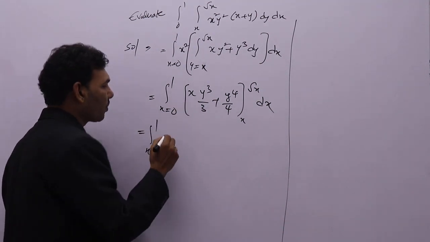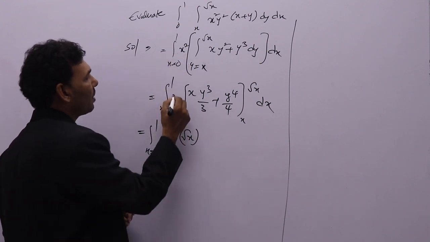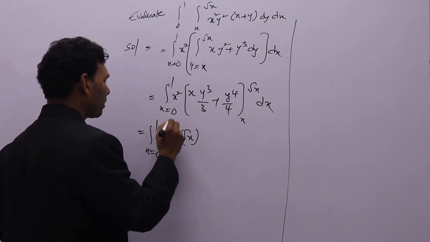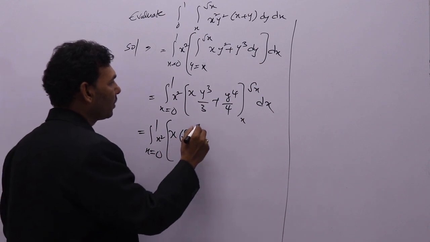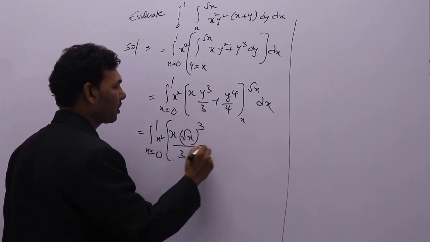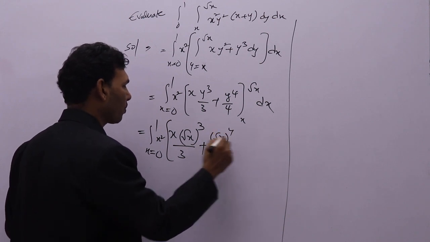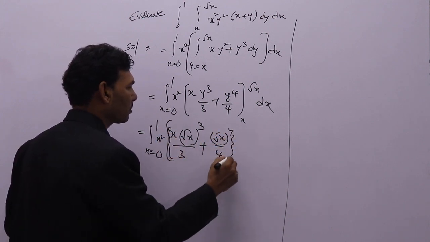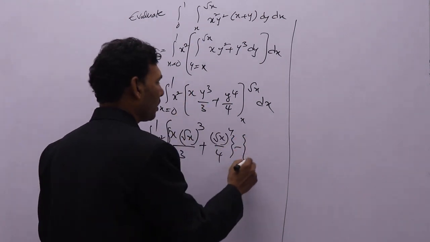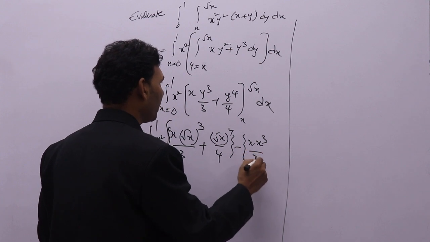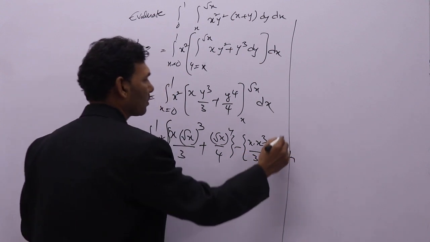Write root x in the place of y. x square constant, that x square you can keep like that. x square into (root x) whole cube by 3 plus (root x) whole to the power of 4 by 4, minus. Now write x in the place of y: x square into x cube by 3 plus x power 4 by 4, dx.